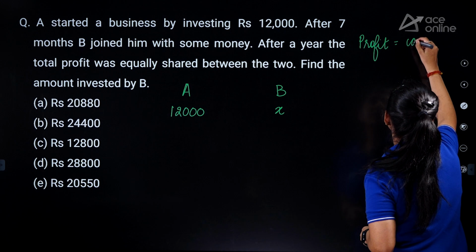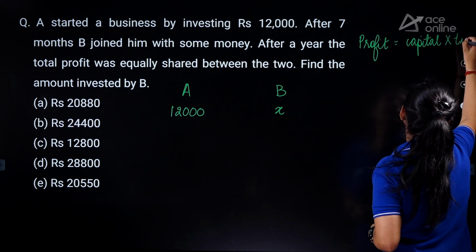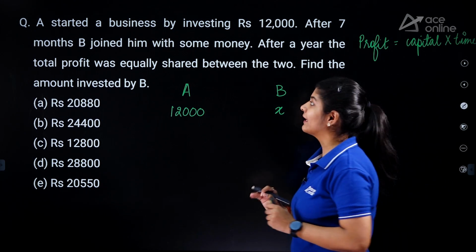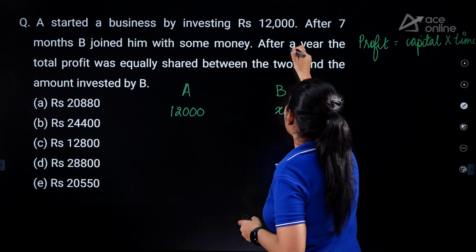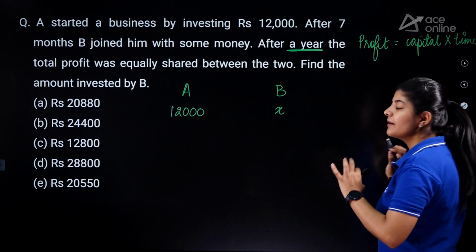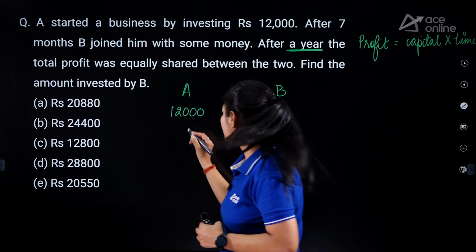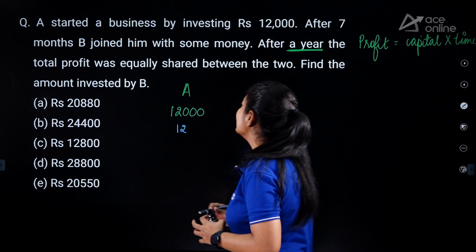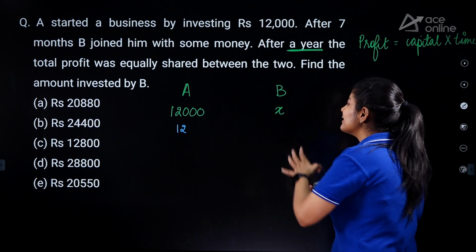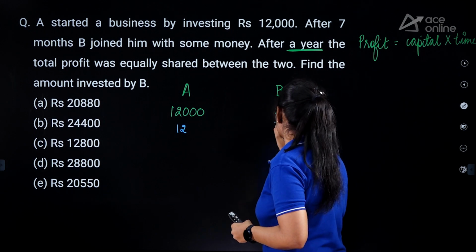So we have to multiply capital with time. So basically you are having the time period as well, as it is given that after a year. So we can say that A invested this 12,000 rupees for 12 months and B came into the business after 7 months. So he just invested his X rupees for 5 months only.